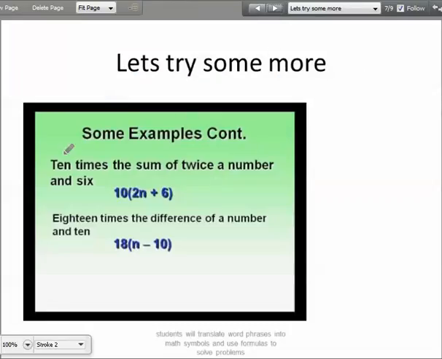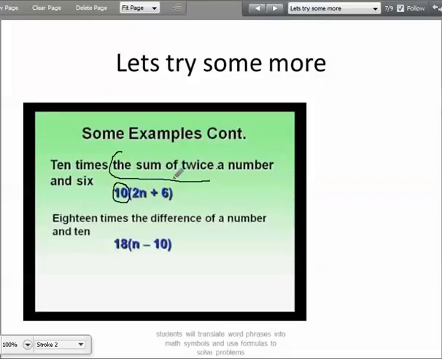Here we go. 10 times the sum of twice a number and 6. Well, 10 times, that's where this 10 comes from right here. That was easy. 10 times the sum. When I see this, the sum of, that means I'm probably going to put parentheses there. That's why this 2n. Twice a number and 6.